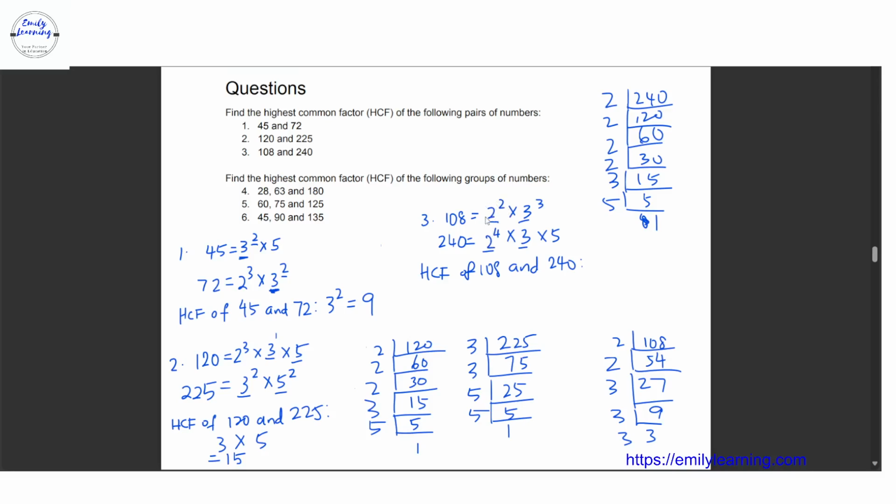This is 2 to the power of 2, this is 2 to the power of 4. 2 is the smaller index, so I'll take 2 squared here. Next, I have 3 and 3 cubed. I'll take the one with the smaller index, so I'll take 3. So the HCF of 108 and 240 is 2 squared times 3, which is 4 times 3. So the HCF of these two numbers is 12.